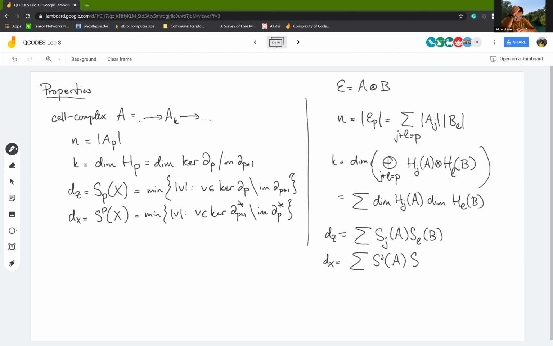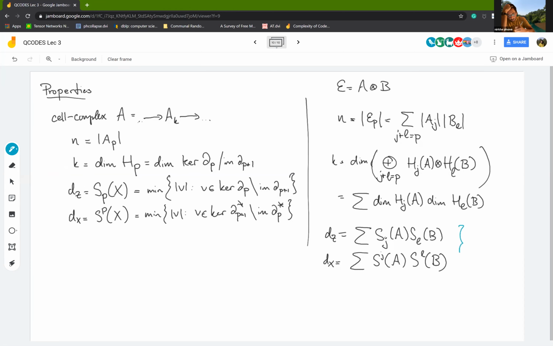So what nicely happens is when I take these cell complexes and I take their product, I actually get a very nice structure for which the code properties are very easy to calculate given the code properties of the original ones. Is that okay to everyone?